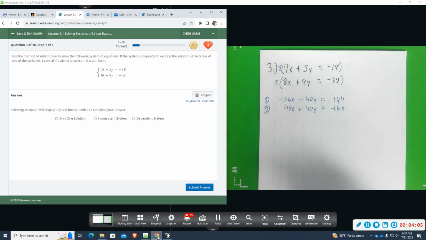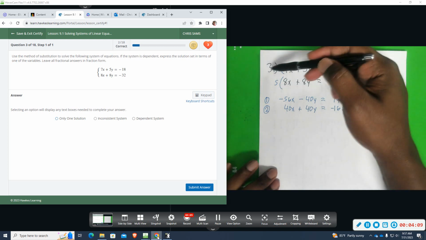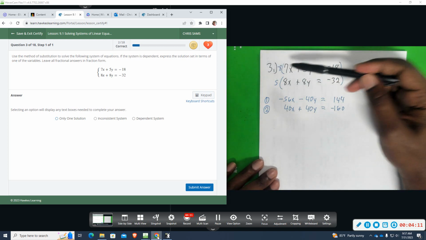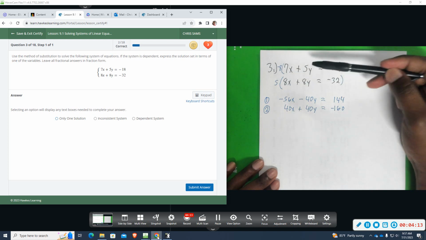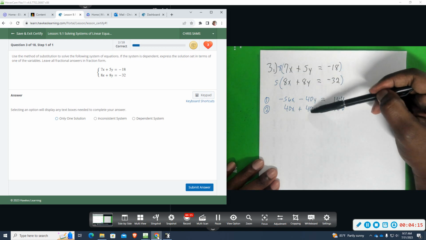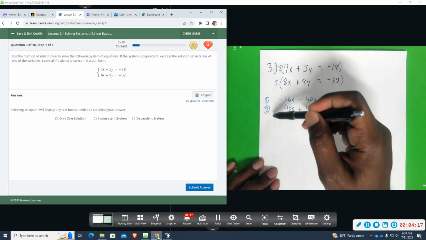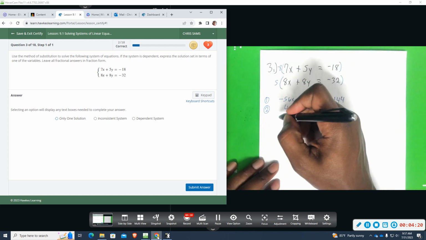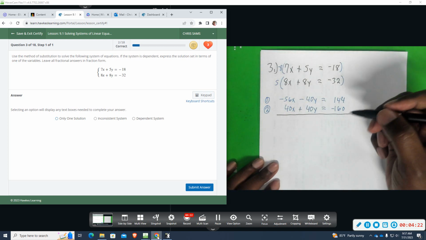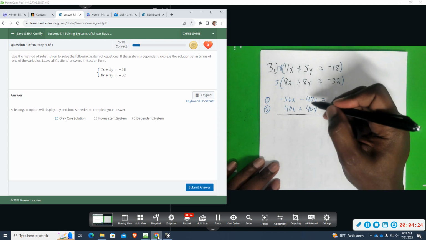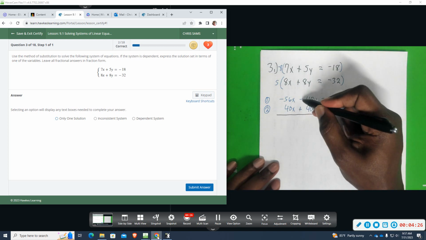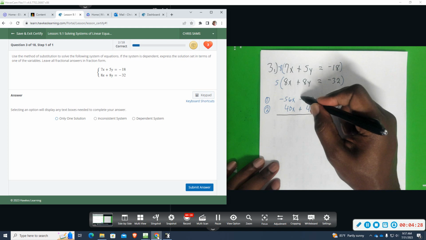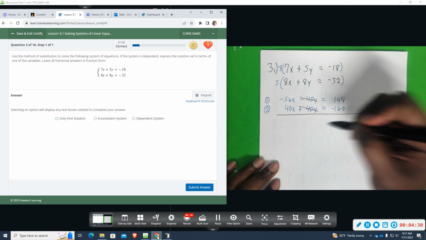Okay, so once we manipulate the equations by multiplying by a constant to get either x to be the same or y to be the same number, with opposite signs, we're going to add these two equations up. So they say the addition method, subtraction method. So when I add them up, notice negative 40, positive 40, they're going to get eliminated. That's why they call it elimination.